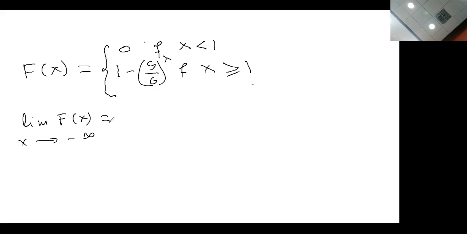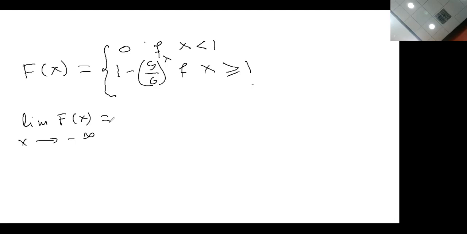Because the limit at negative infinity is the limit when x becomes extremely small, or large in the negative sense, right? So is negative infinity less than 0? Negative infinity is less than 0.